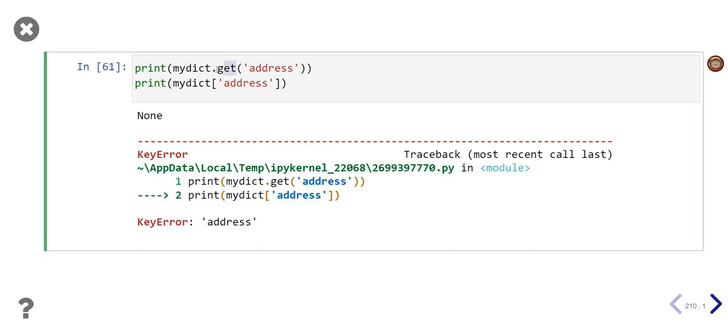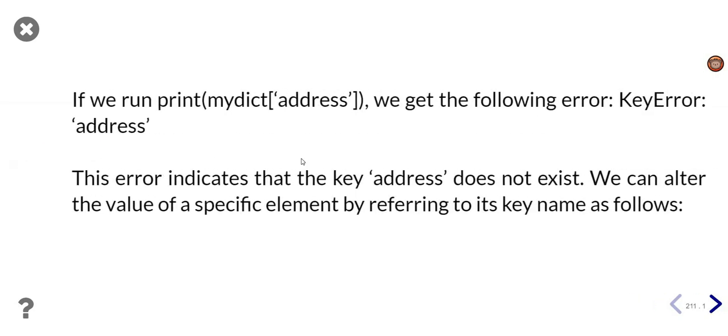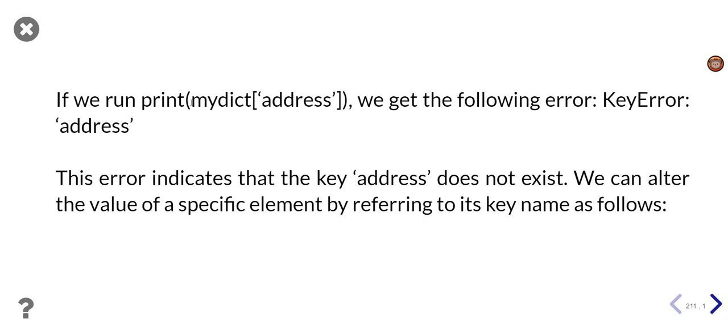But if you use the get function, it will give you None. So this is what I was mentioning about the other one. If we run the print my dictionary, you get the following error, key error. The error means that the key doesn't exist.